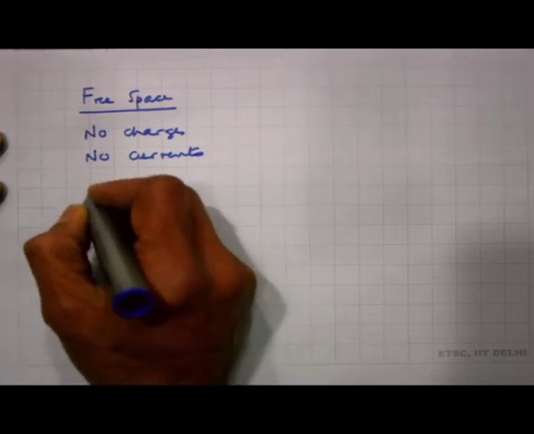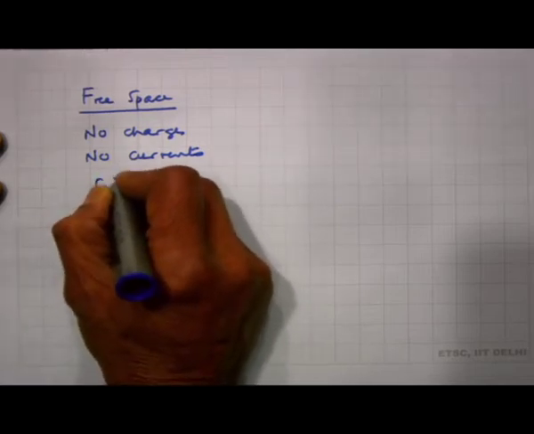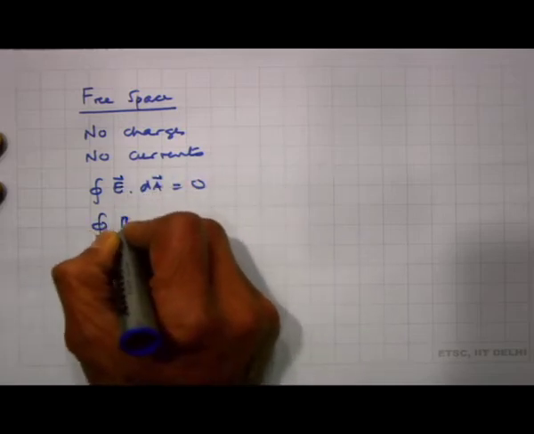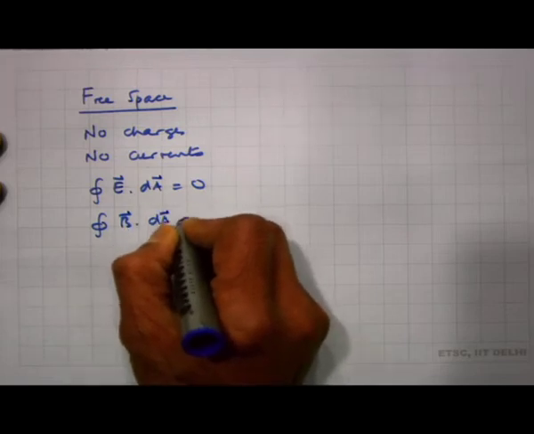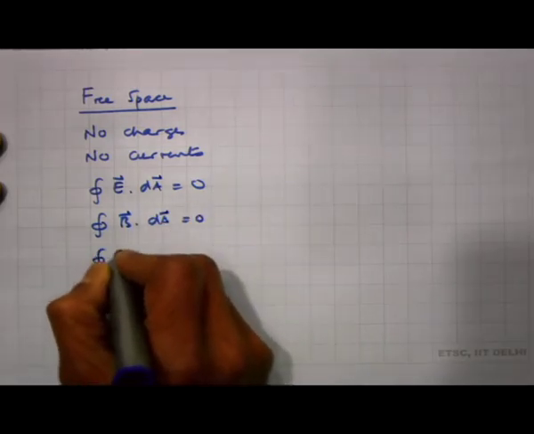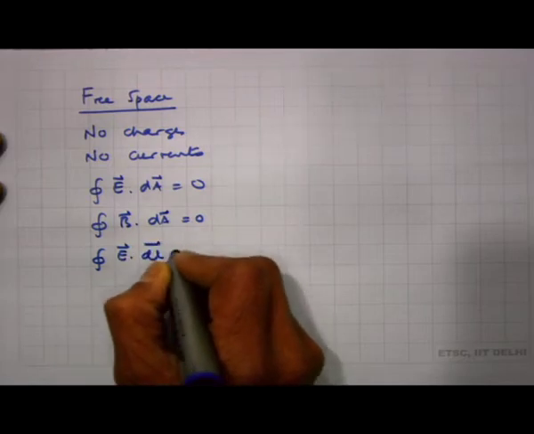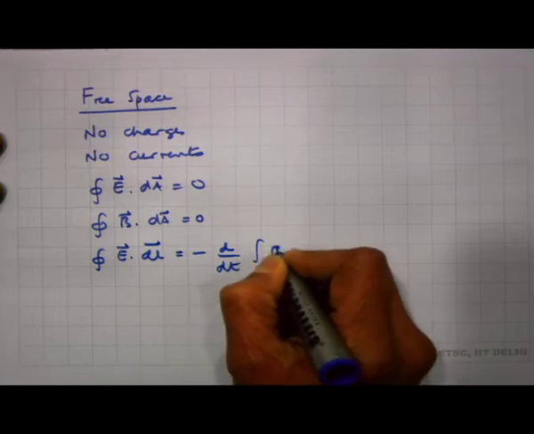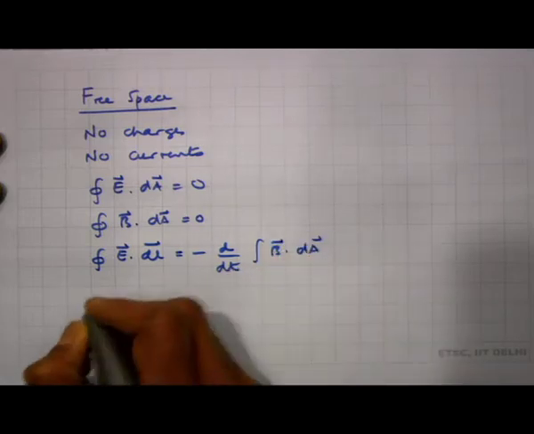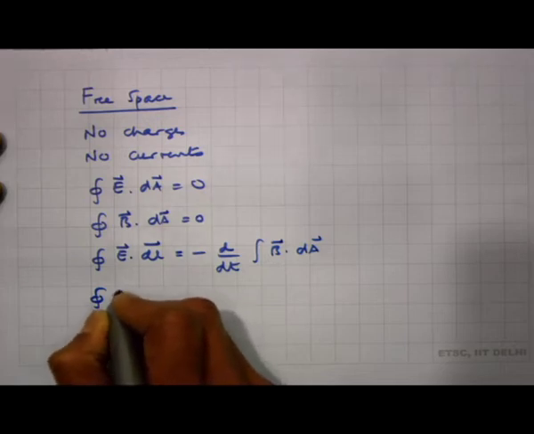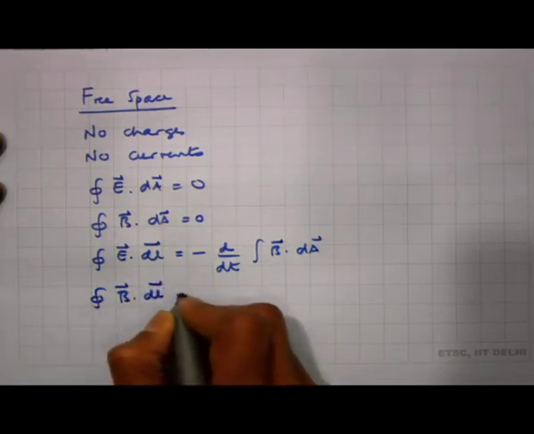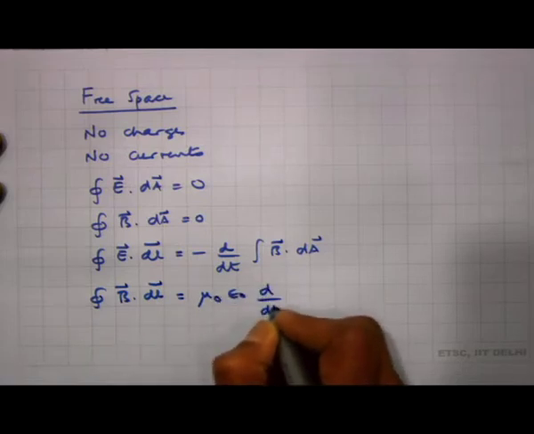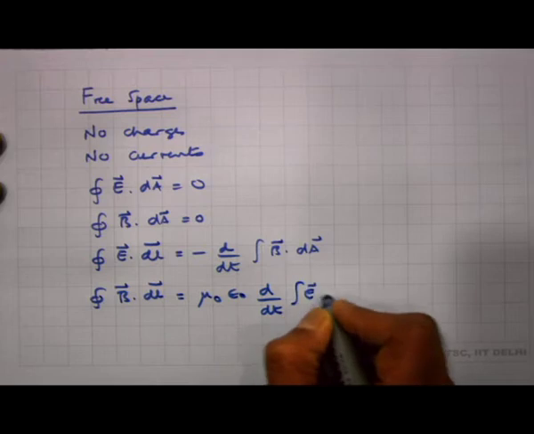So, the electric and magnetic fields satisfy the following equations: integral E dot dA is equal to 0, integral B dot dA is equal to 0, integral E dot dL is equal to minus d by dt of integral B dot dA, and integral B dot dL is equal to mu 0 epsilon 0 d by dt of integral E dot dA.